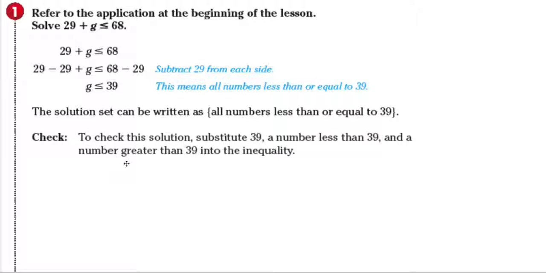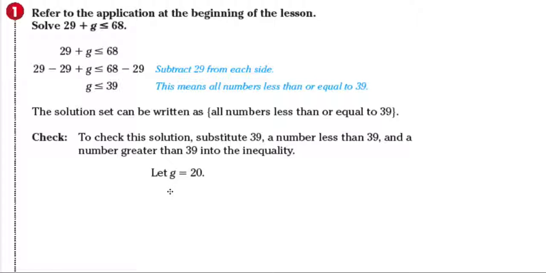So how do we check this? We want to find a number less than 39 and a number that is equal to 39. To check the solution, substitute 39, a number less than 39, and a number greater than 39 into the inequality.